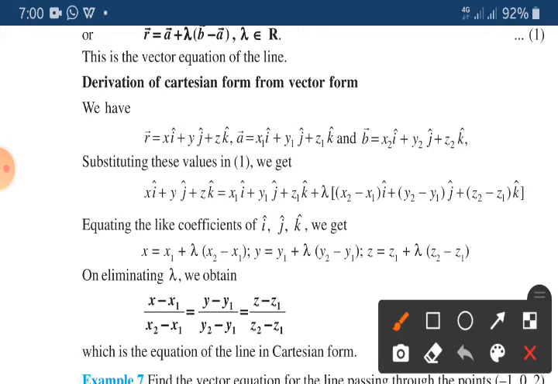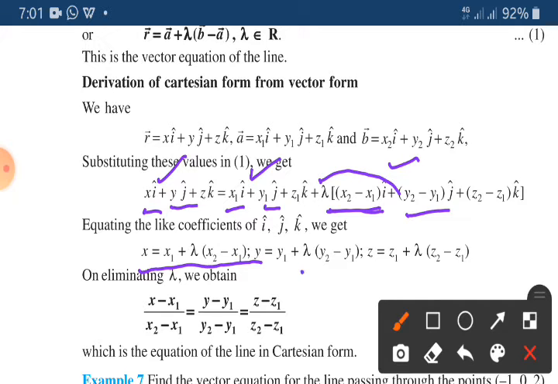Now equating the like coefficients of i cap, j cap and k cap, x equals x1 plus lambda of x2 minus x1, and equating the coefficient of j cap, y equals y1 plus lambda of y2 minus y1.